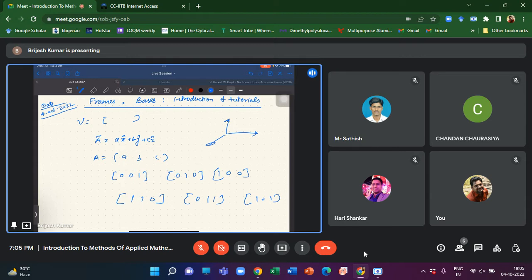Then it is called a frame. This is the main difference between basis and frames. The orthonormal basis vectors are linearly independent also, but if the set is not linearly independent, then it is known as a frame, not a basis set.